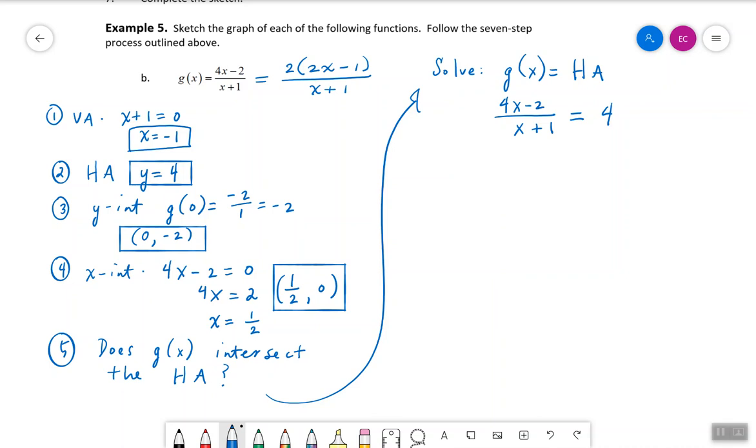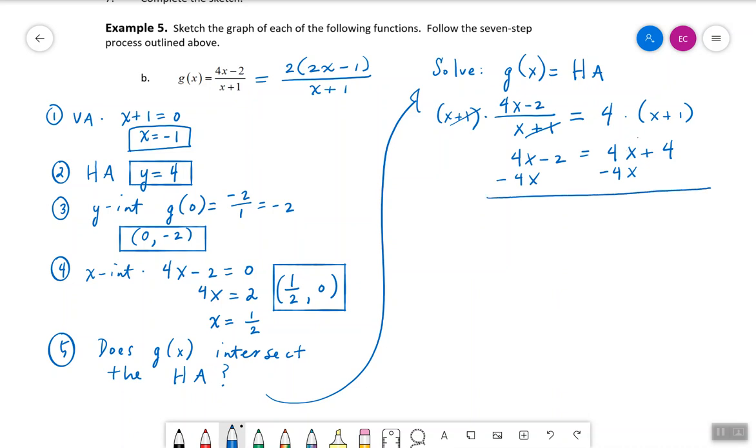So solve for x. We can clear out the fractions. We can multiply by x plus 1 on both sides. The x plus 1's cancel on the left side, and we're left with 4x minus 2. On the right side, we can distribute and get 4x plus 4. And then to solve for x, we would group the x's on one side, and sure enough, they cancel each other out on both sides.